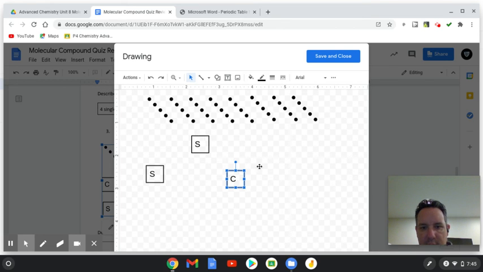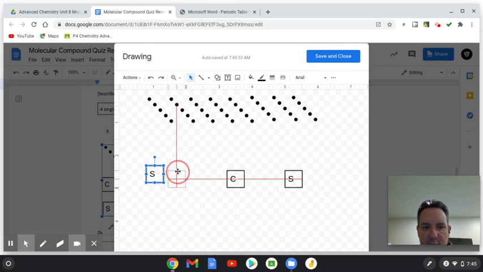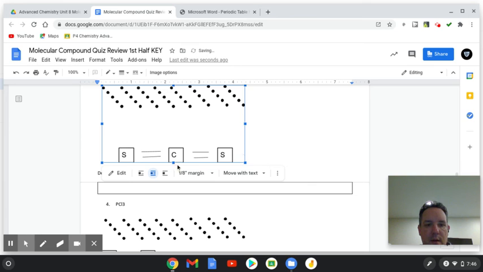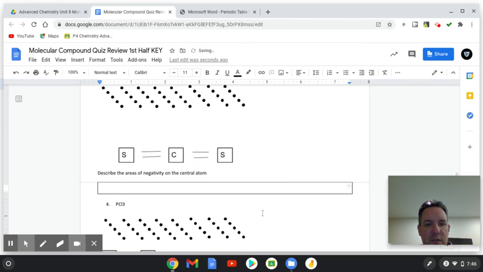We're going to move carbon to the center. We're going to put a sulfur on one side. We're going to put a sulfur on the other side. Then we're going to put not 1 line between them, but we're actually going to put 2 lines because there's 2 shared pairs. And we're going to hit save and close. We're done. Then we're going to describe the areas of negative charge. Around carbon, we have 2 double bonds.